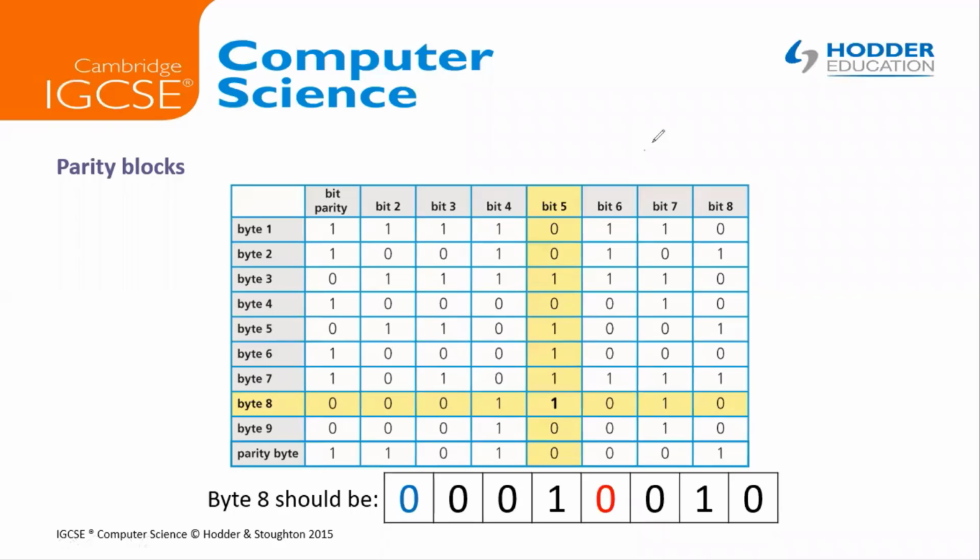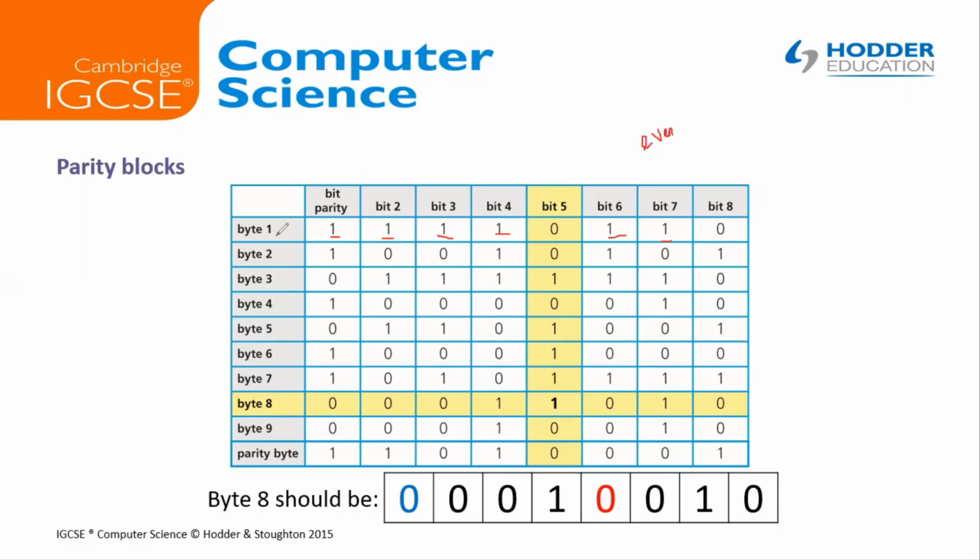Okay, so let me use a screen annotation. So I'm using even parity here, checking method of the even protocol. If you count the number of ones for each of these bytes, as you can see from my screen, okay, in this case there are 5 ones.